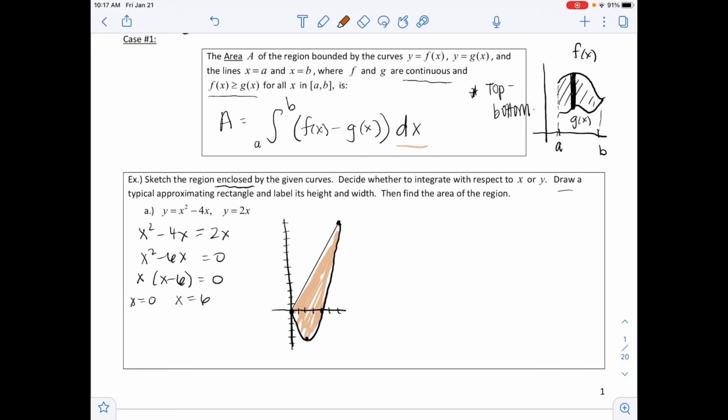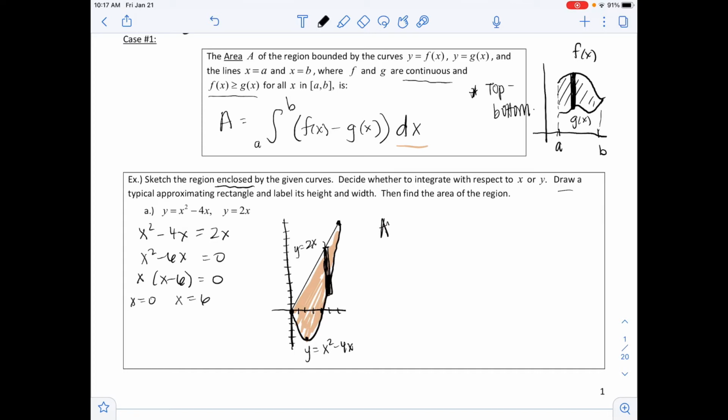So I also need to draw in an approximating rectangle. So anywhere on this graph, and again, remember it's going to go from our top function, which is y equals 2x, down to our bottom function, which is y equals x squared minus 4x. And so our rectangle here has a width of delta x and a height of our top function minus our bottom function.